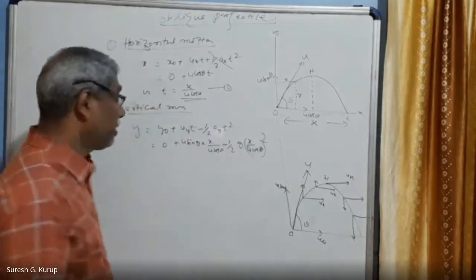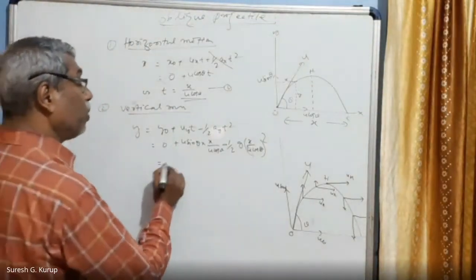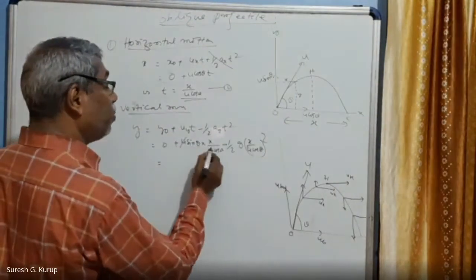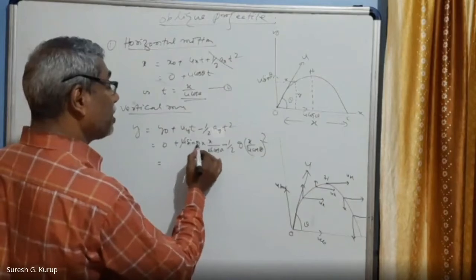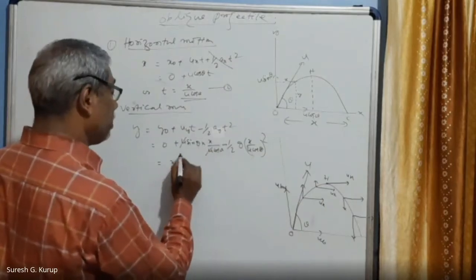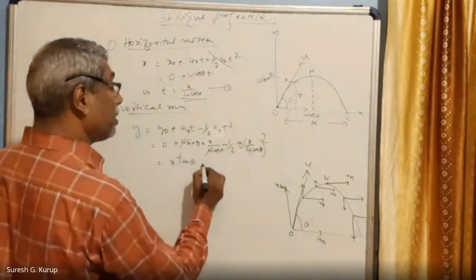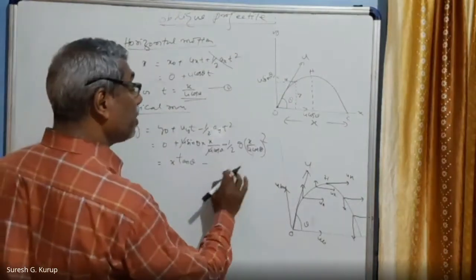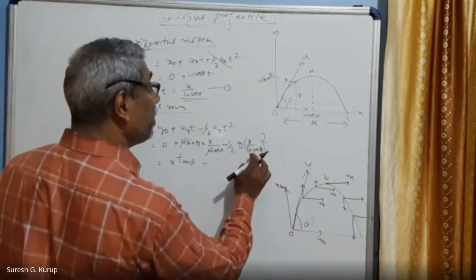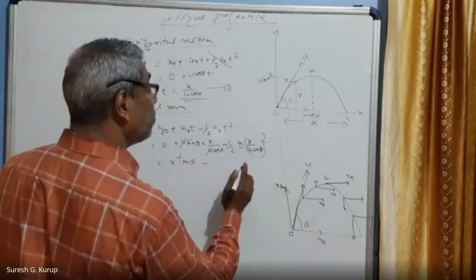Very simple, right? Therefore this is equal to u sine theta, u and u cancelled. That means x into sine theta by cos theta, which is x tan theta, minus one half into g into x divided by u cos theta the whole square.